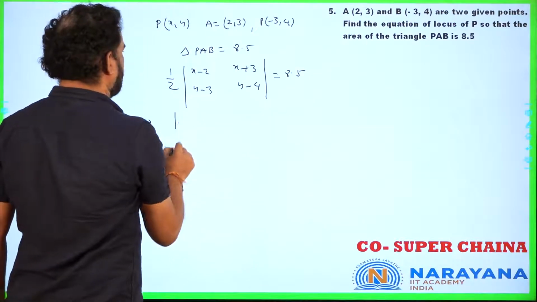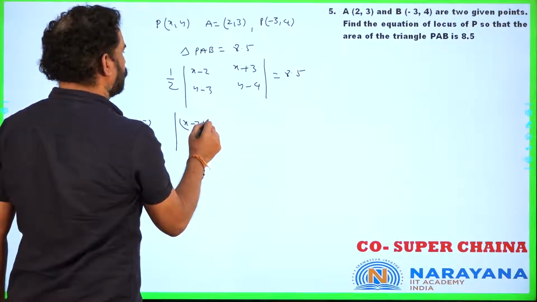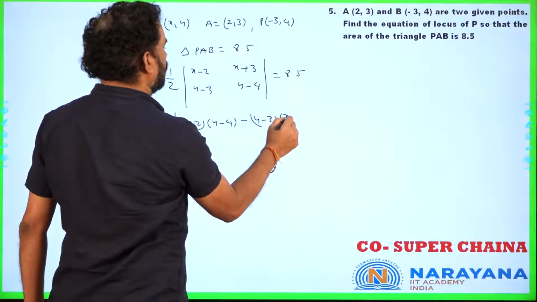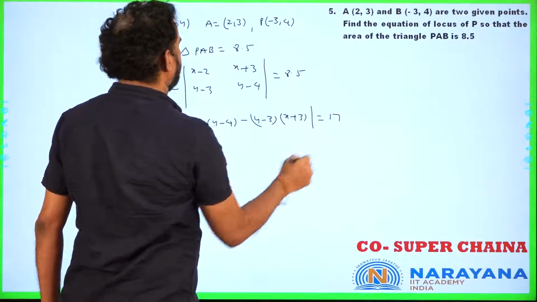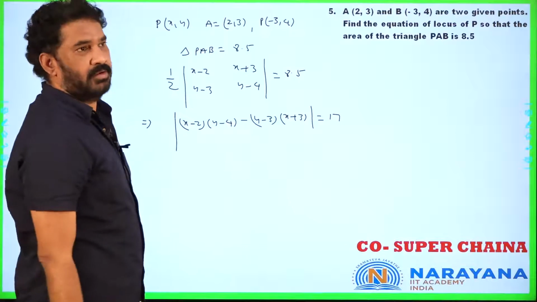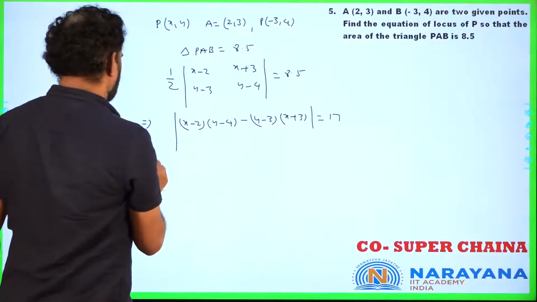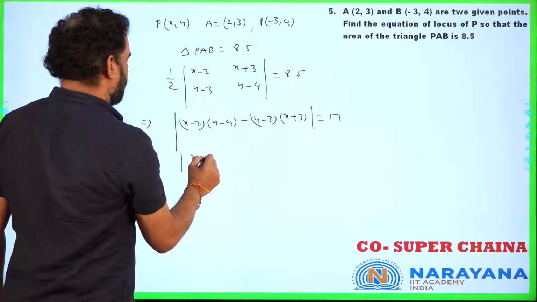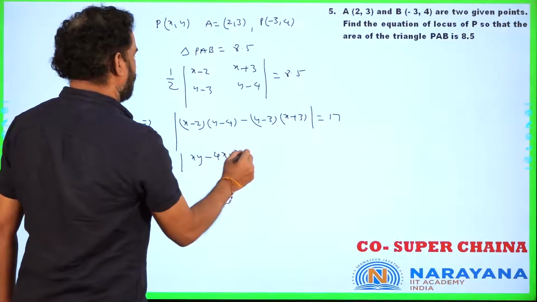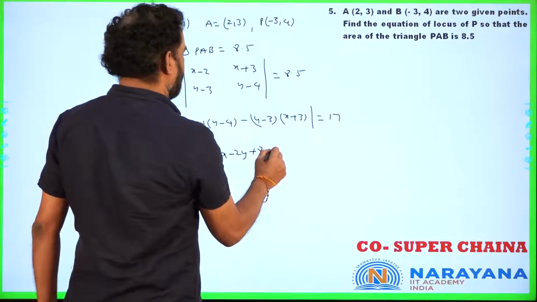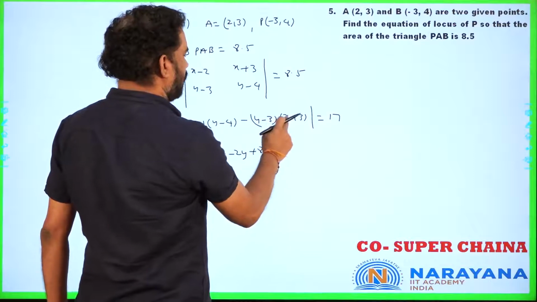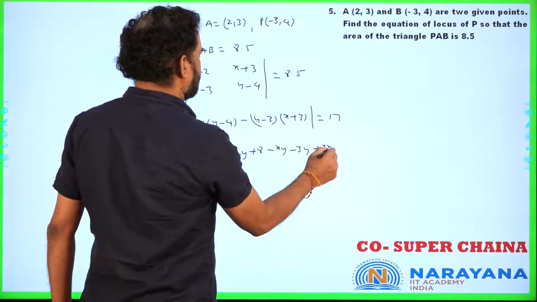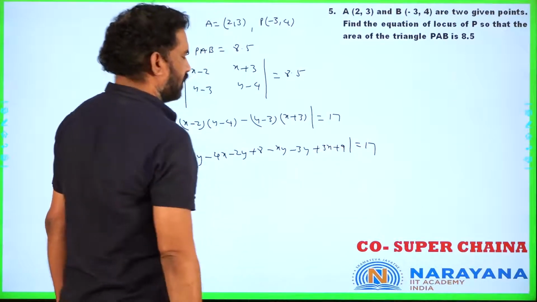So then it implies mod of (x - 2)(y - 4) - (y - 3)(x + 3) is equal to 17. Cross multiplied, 8.5 into 2 is 17. Expand this: mod of xy - 4x - 2y + 8 - xy - 3y + 3x + 9 equals 17.